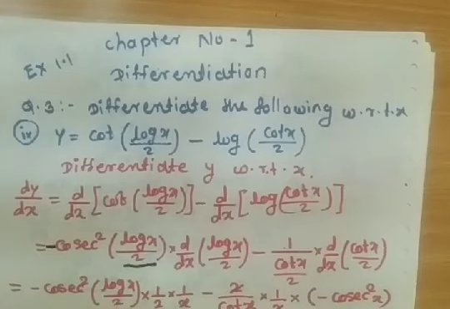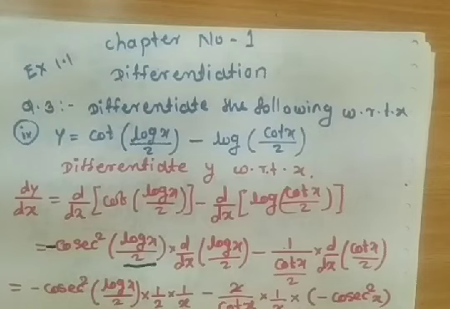And last is simplification of this: minus cosec square of log of x by 2 divided by 2x, 2 into x is 2x, plus this minus becomes plus, minus cosec square, and this minus becomes this plus cosec square of x.